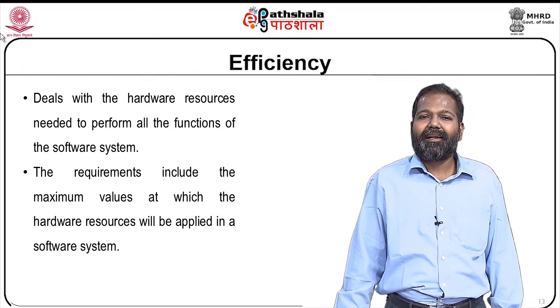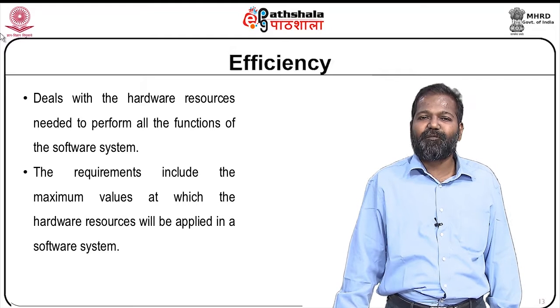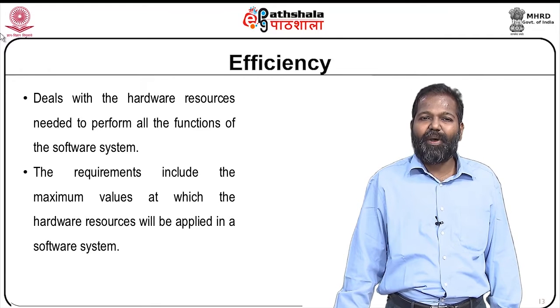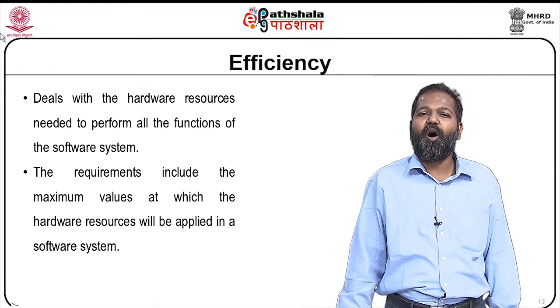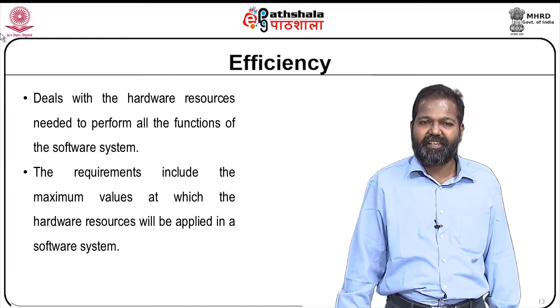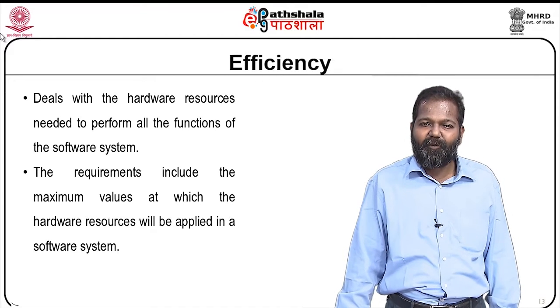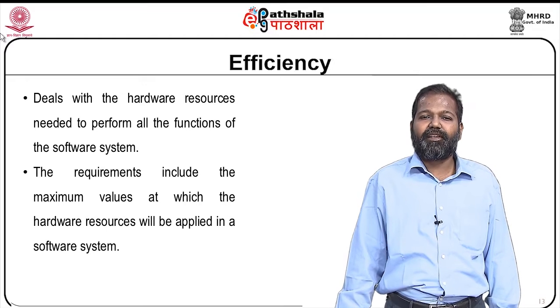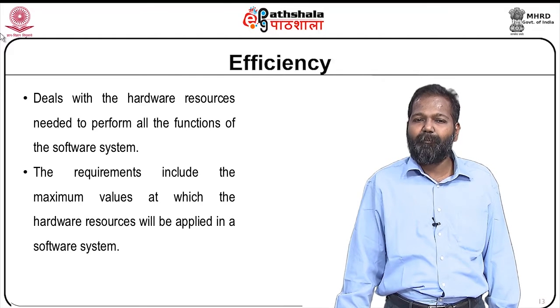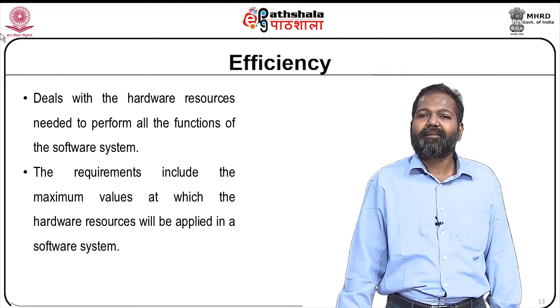Efficiency. Efficiency deals with the hardware resources needed to perform all the functions of the software system. The requirements include the maximum values at which the hardware resources will be applied in a software system.